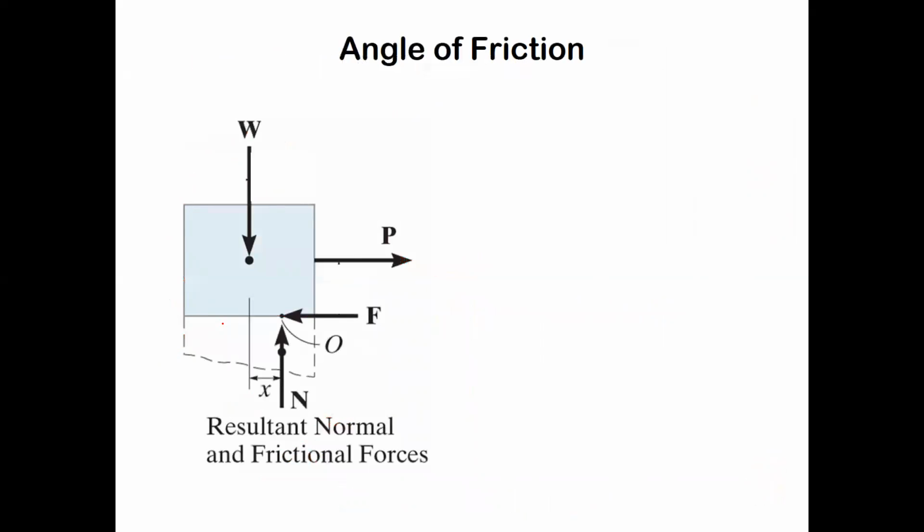You can experimentally determine the coefficient of static friction in the lab if you put it on a ramp, but in this case it's sort of flat. If you start pulling on this thing, the angle of friction is the angle between the resultant force.